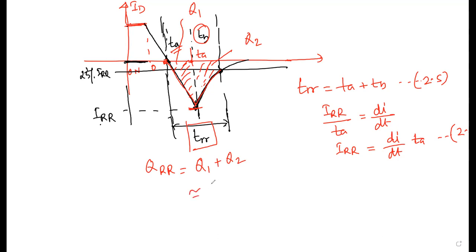So yes, we can write half IRR multiplied by TA plus half IRR multiplied by TB. So why have we not made the equal sign?